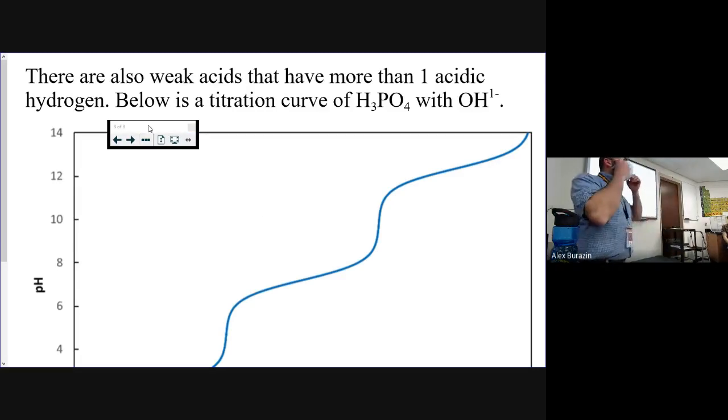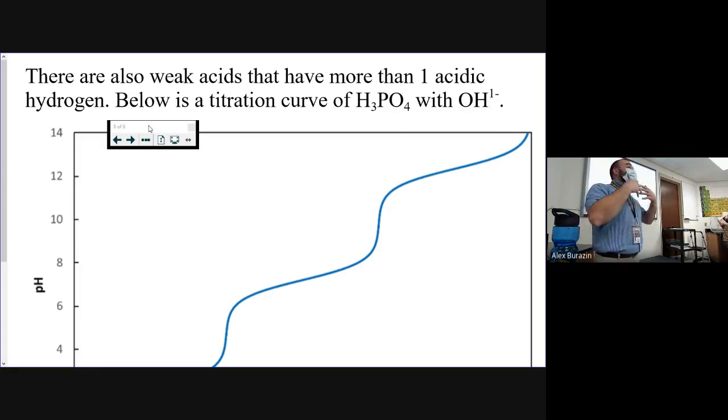Okay, there are weak acids that have more than one acidic hydrogen. What do I mean by that? I mean that an acid can be diprotic. A diprotic acid contributes 2 H+ to the neutralization reaction.